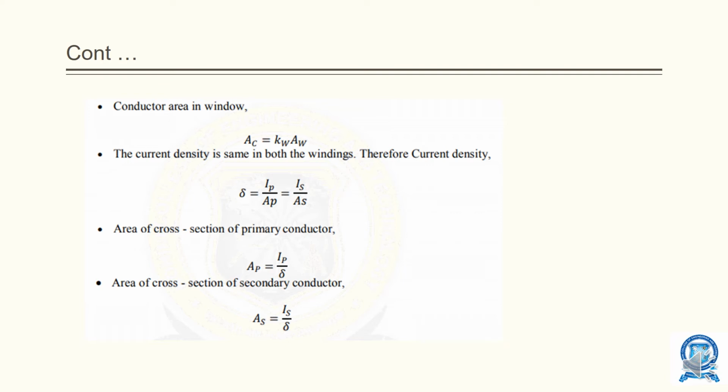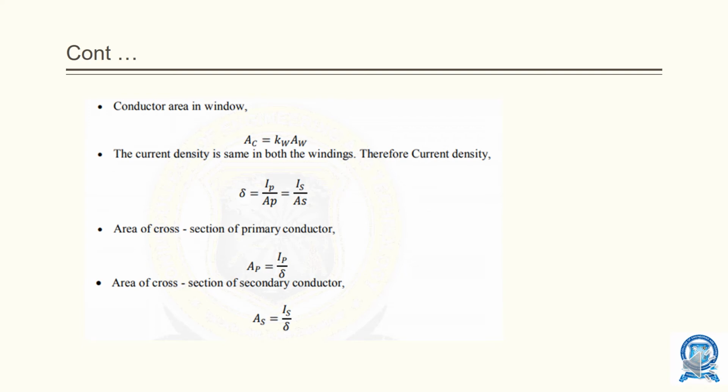So the current density for both the windings are same. The current density is nothing but current by area. So here if I am going to calculate the primary current, then it is primary current by primary area. If I am calculating the current density for secondary, then it is secondary current divided by secondary area.